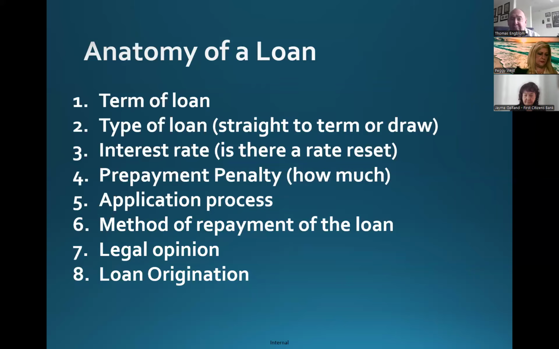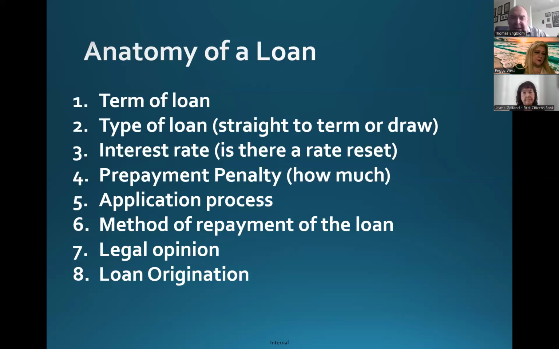What is loan origination? That's a percentage that a bank can charge to get a lower rate of interest for you, but you're going to pay a certain amount up front. So for example, if you get $1 million and the loan origination rate is 50 basis points, and bankers use basis points as terms, they charge a fee for that.